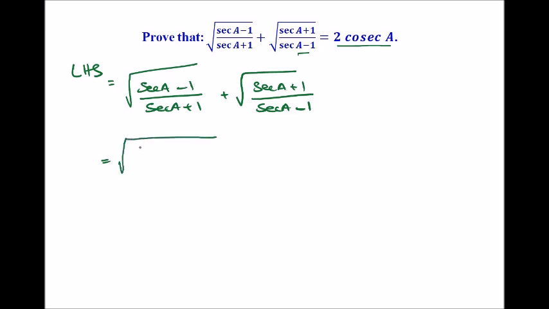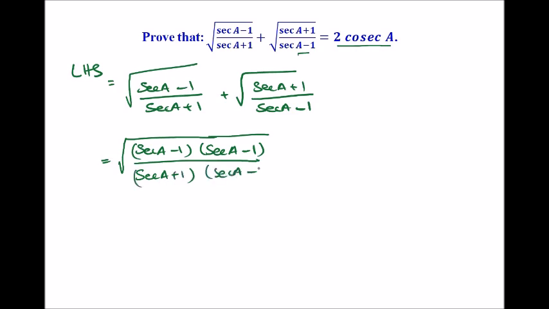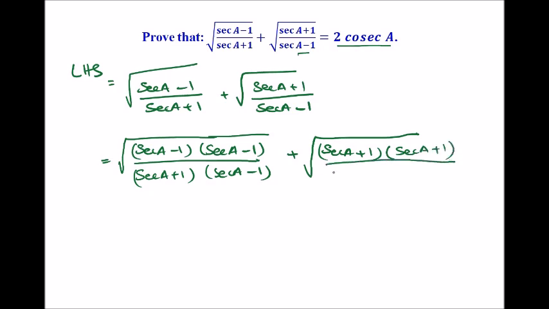That is square root of (sec A minus 1) into (sec A minus 1) whole divided by (sec A plus 1) into (sec A minus 1), plus in the second term we will multiply both the numerator and denominator by sec A plus 1, that is (sec A plus 1) into (sec A plus 1) the whole divided by (sec A minus 1) into (sec A plus 1).